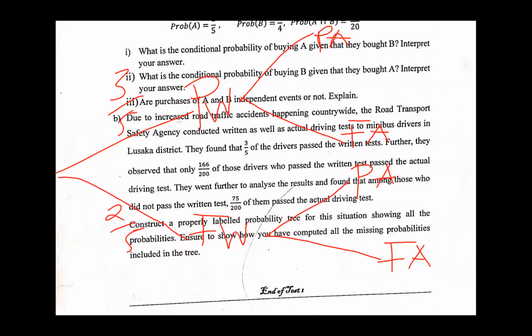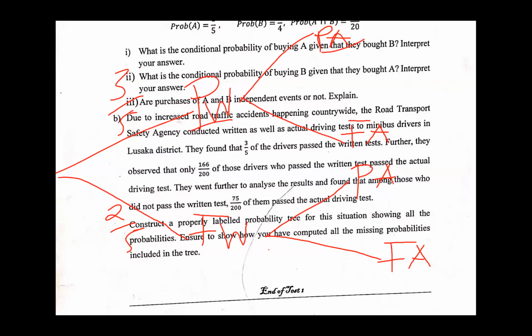What is the probability that a person who passed the written test also passes the actual test? It is not 75 over 200. Read the question. You pass the written test, you also pass the actual. Oh, 166. Yeah.